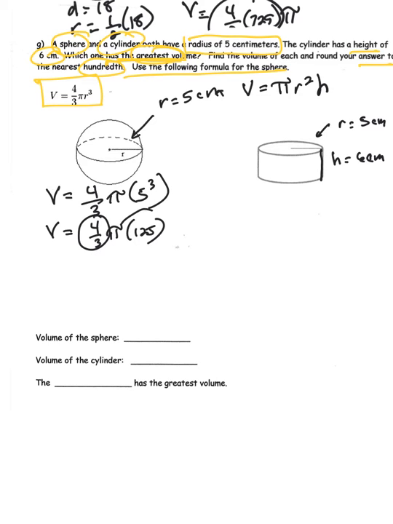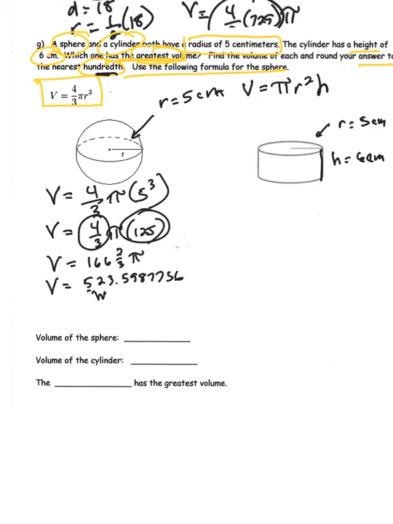When you multiply 4/3 and 125, using the ABC key, you get 166 and 2/3, and then the pi key drops down our pi symbol. Now we want to use the pi key, taking 166 and 2/3 times pi, which gives us 523.5987756. So once again, it asks us to round to the nearest hundredth.